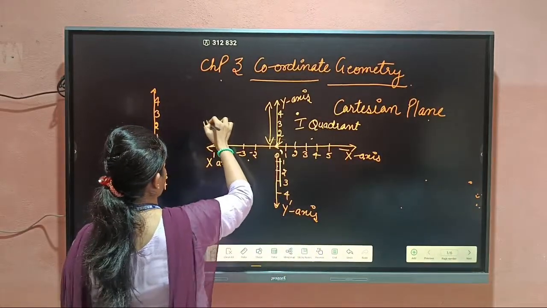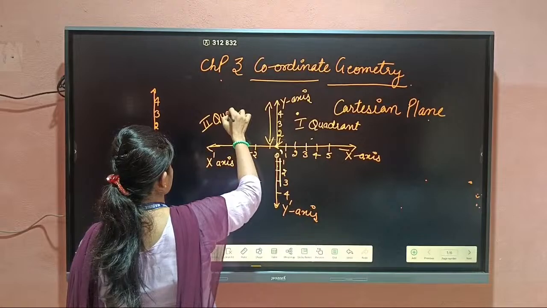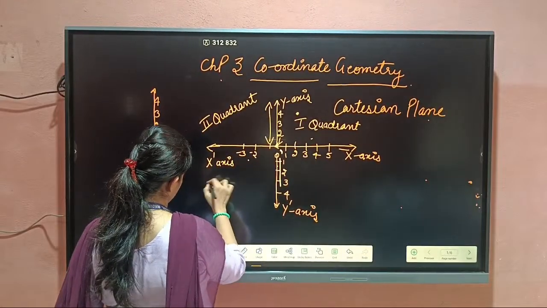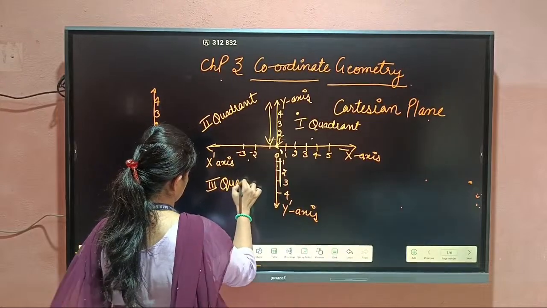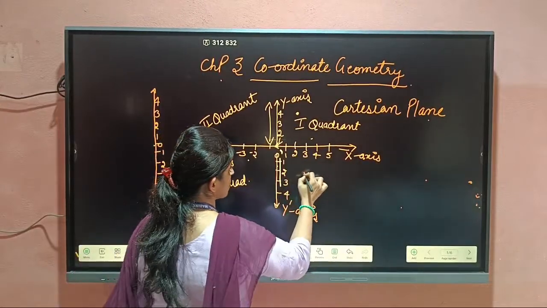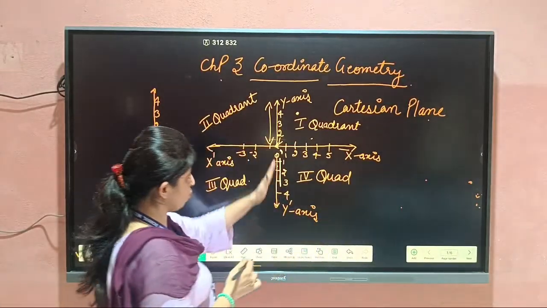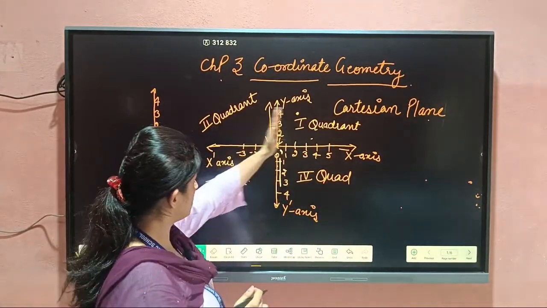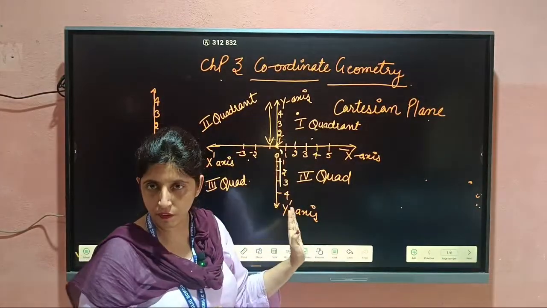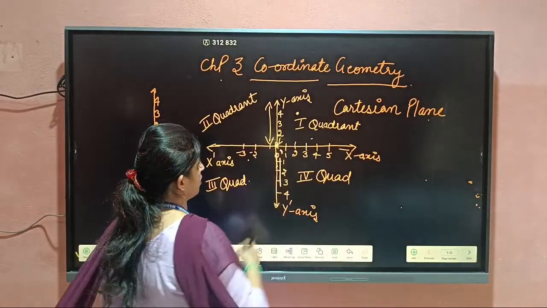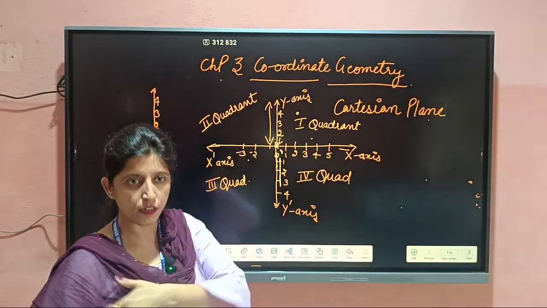This is second quadrant. This is third quadrant. And this is fourth quadrant. Look, these two lines divide this into the four quadrants. है ना? First quadrant, second quadrant, third quadrant, and fourth quadrant.